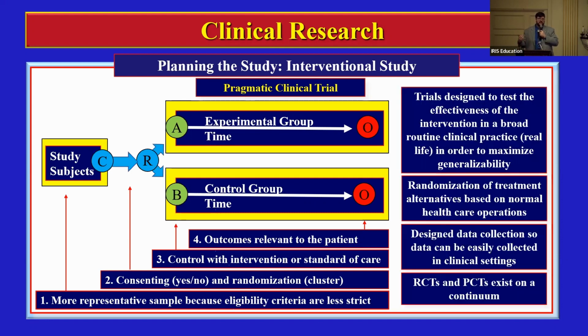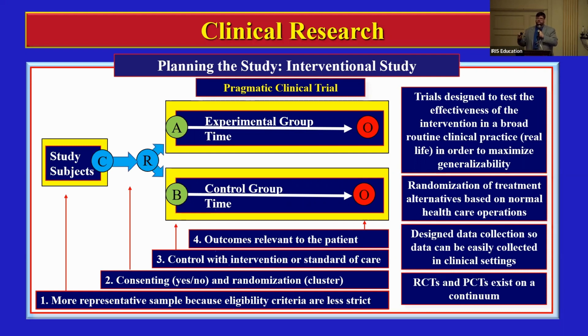Now, the pragmatic clinical trial is designed to test the effectiveness of an intervention in a real world clinical setting that's more routine care. And the goal is to maximize generalizability. So then randomization, as I said, is often cluster based. So it might be different wards or different hospitals or different hospital systems.